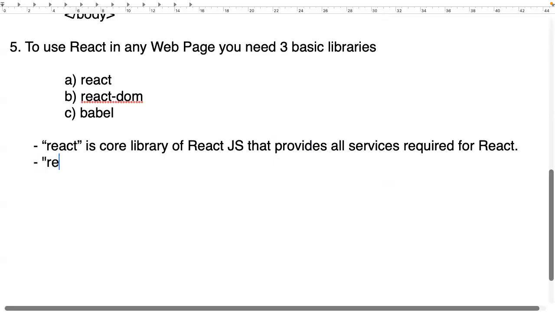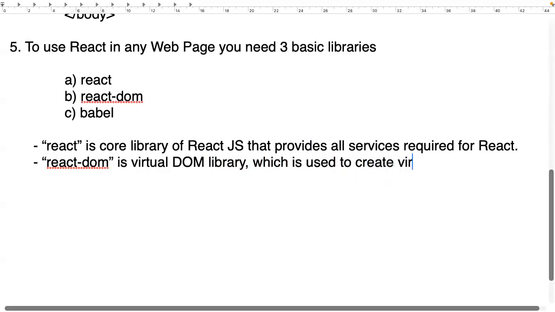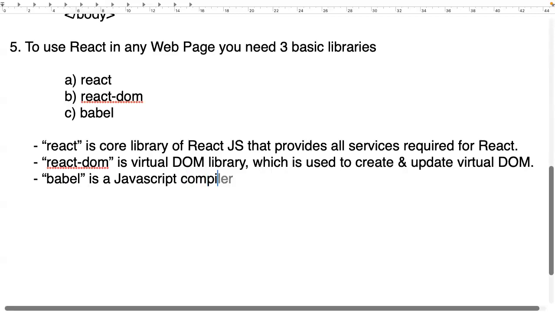Second one, React DOM, is the virtual DOM library, which is used to create and update the virtual DOM. So you need the React library and the React DOM library. And who is Babel? Babel is a JavaScript compiler. I hope you learned about compilers in JavaScript.